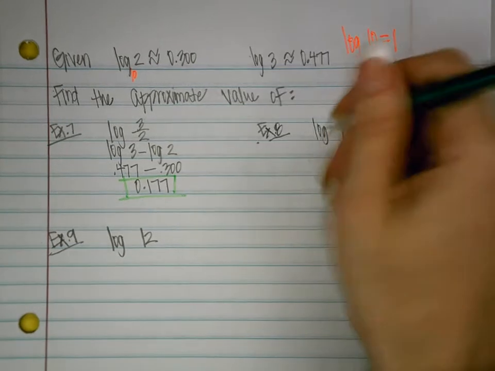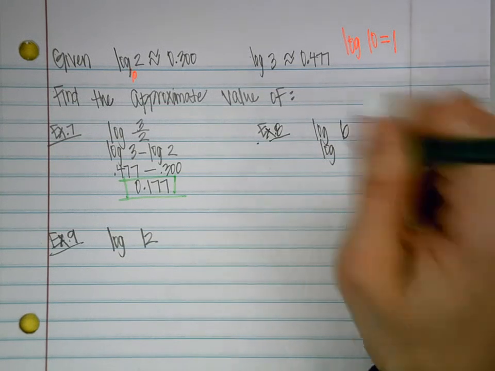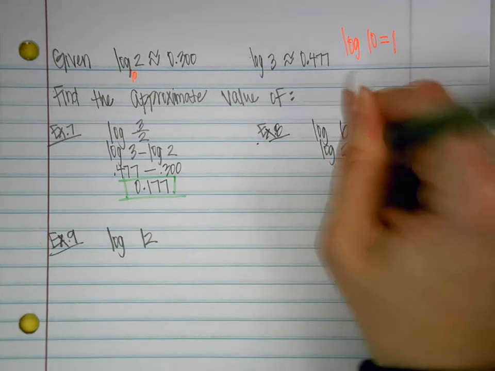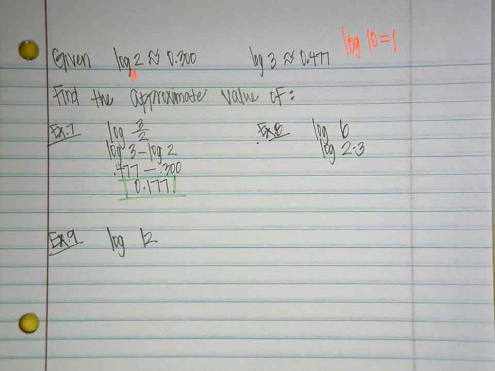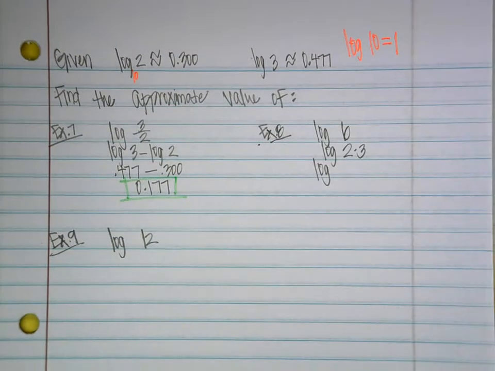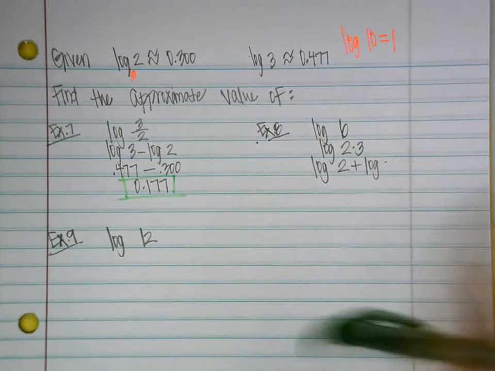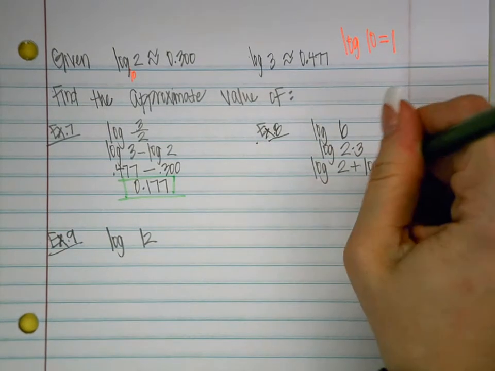Okay, so here, log 6, say it again, Tyler. How do you break down 6? 2 times 3. 2 times 3 turns into what? Addition. So use the product rule. Use the product rule backwards. So log 2 plus log 3. Then and only then, once you have these completely by themselves, you can substitute.